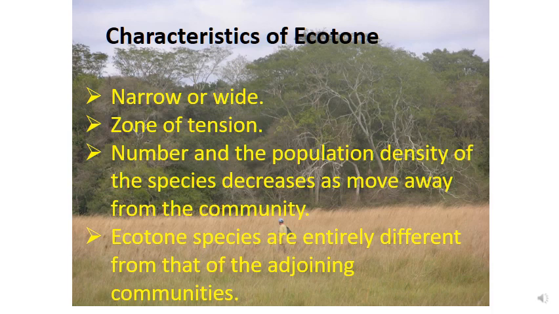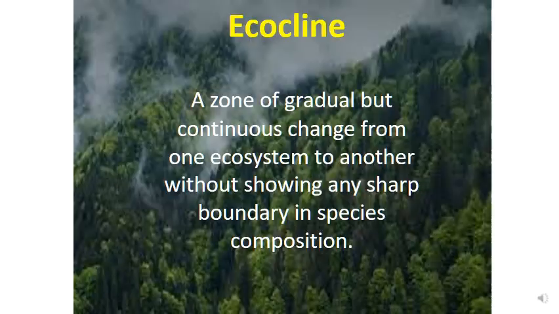Usually, the number and population density of the species of an adjoining community decreases as we move away from the community or ecosystem. And last, a well-developed ecotone contains some organisms which are entirely different from those of the adjoining communities.